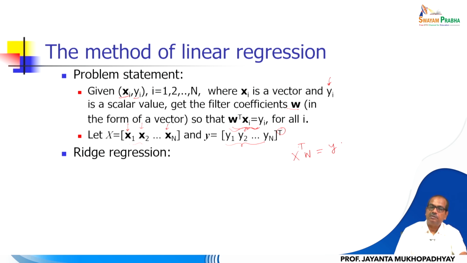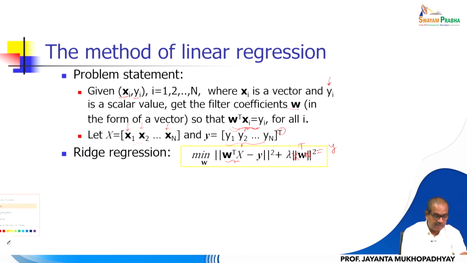If these samples are row vectors, then of course the transpose is not required. It depends on how you are writing it. Here I am writing w transpose x, where w is taken as a row vector, and then you are minimizing it. But for ridge regression, we also regularize w. That means we try to minimize the magnitude of w. So it's a linear combination of these two, and the problem is that you have to get the w which minimizes it.